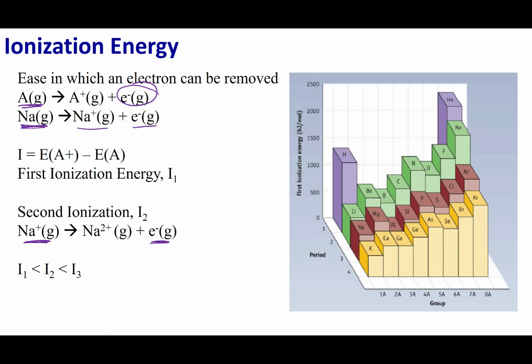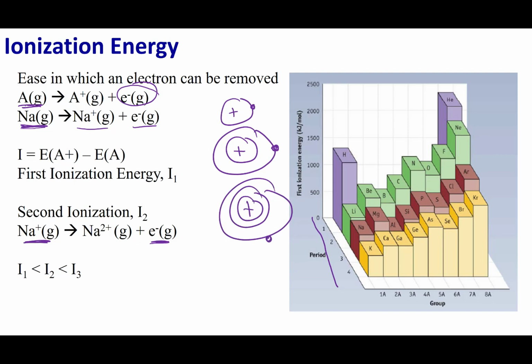So let's take a look at the trends of ionization energy. As I go down the periodic table, what you guys will see is it takes less energy to remove an electron. And that should make sense to you because as I go down the periodic table, I'm getting bigger and bigger. So there are electrons that are further and further away from the nucleus.